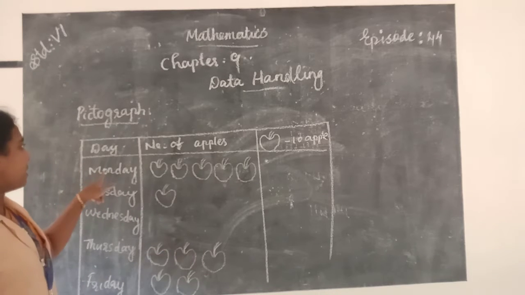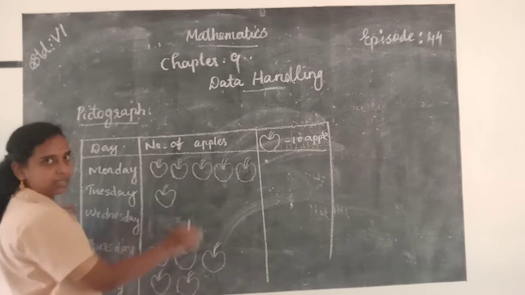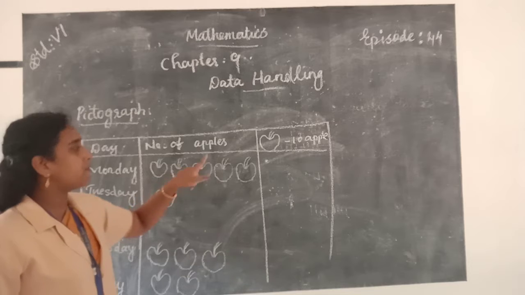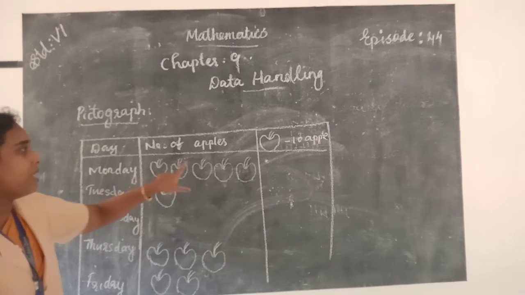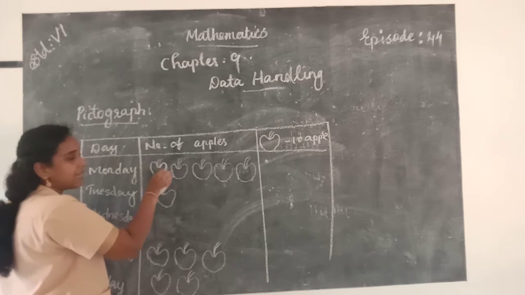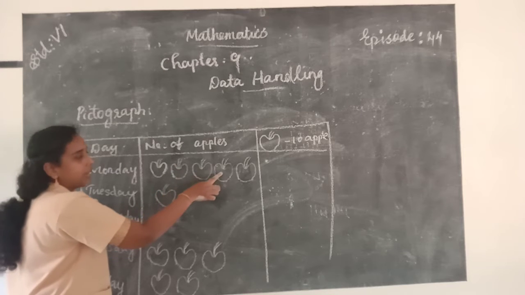On Monday, 5 pictures of apples were given, and each picture stands for 10 apples. So the one picture represents 10 apples: 10, and again 10, 10, 10, 10.